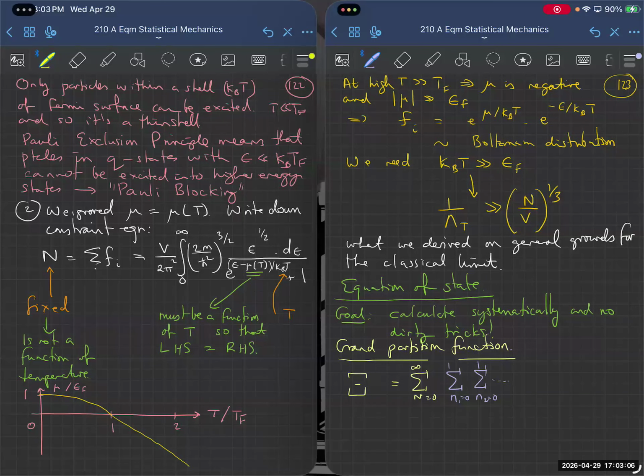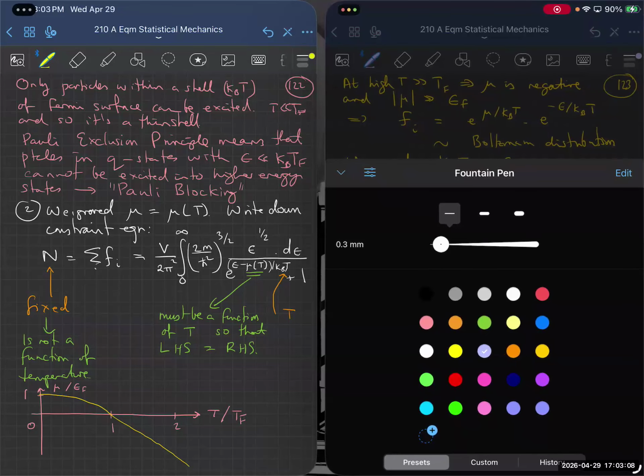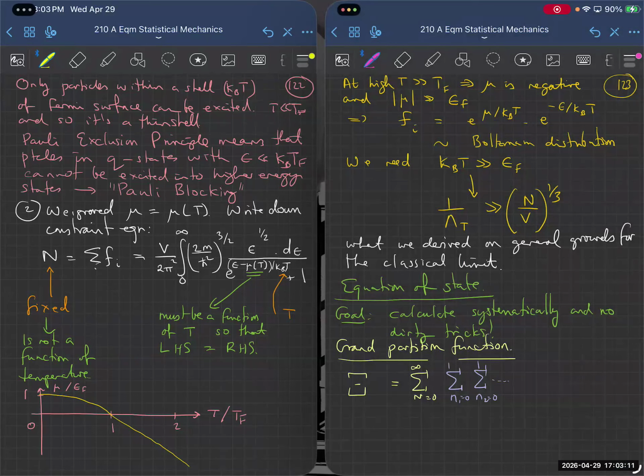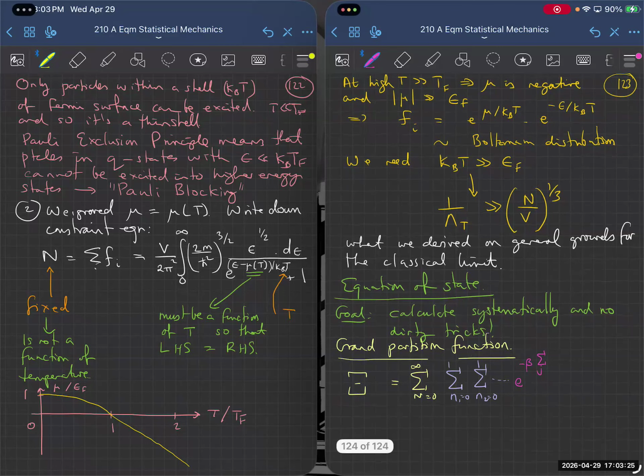And then we have our Gibbs distribution, which is e to the minus beta times the energy. The energy of the system is the sum over the states j, where j is a dummy variable, of the occupation number n_j of state j times the energy of state j.